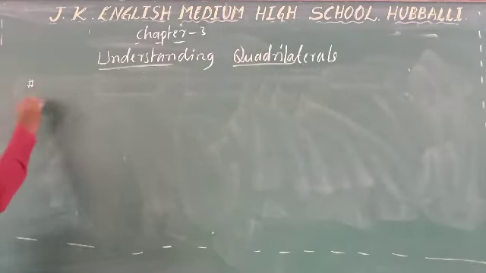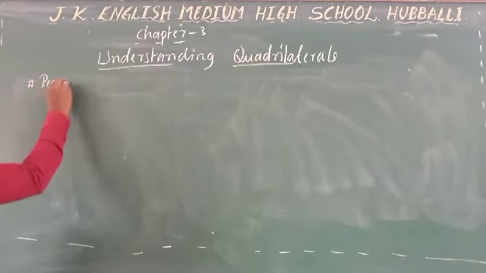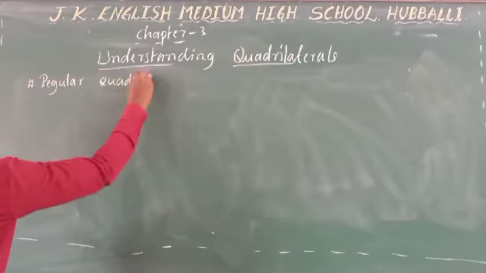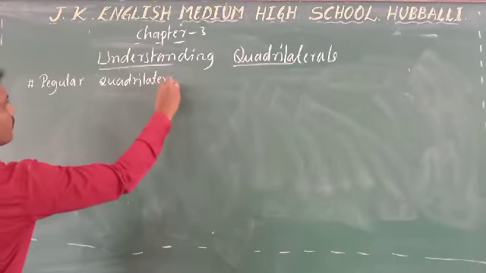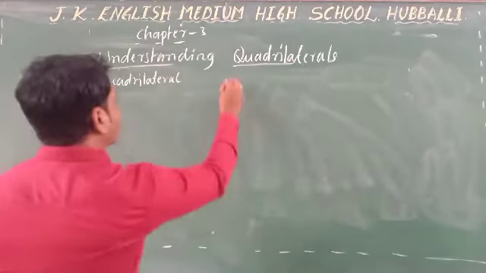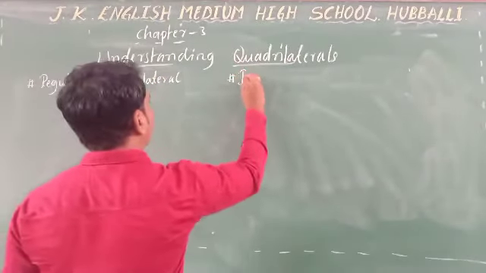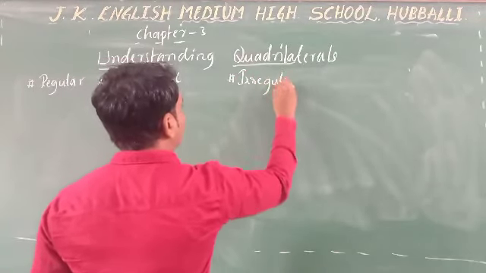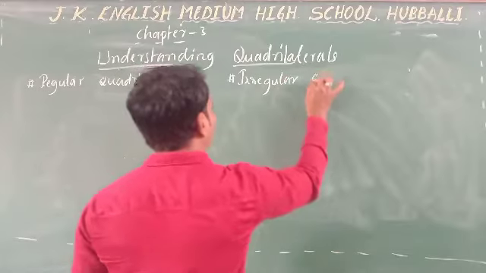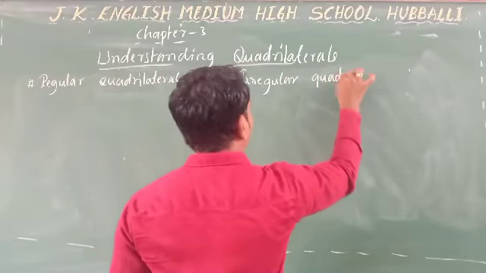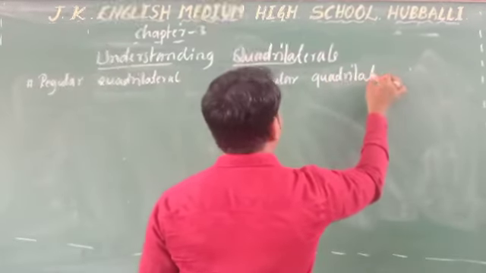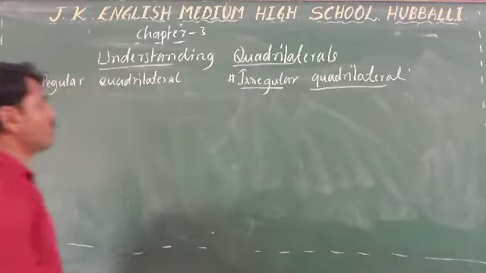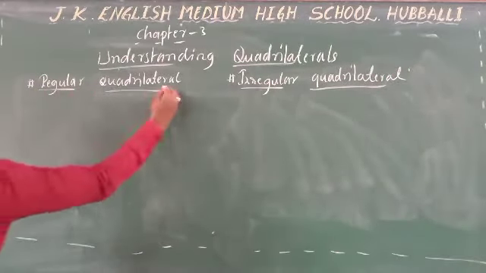So first heading, regular quadrilateral, and this side irregular quadrilateral. So what is known as the regular quadrilateral?